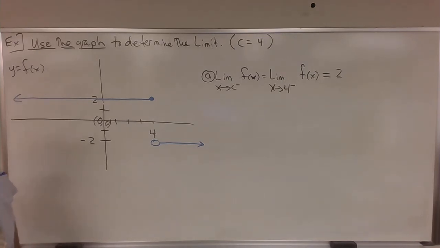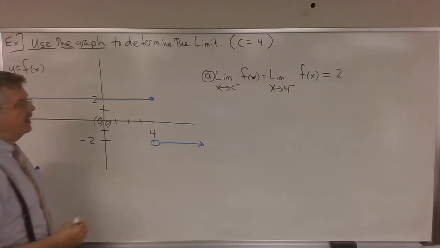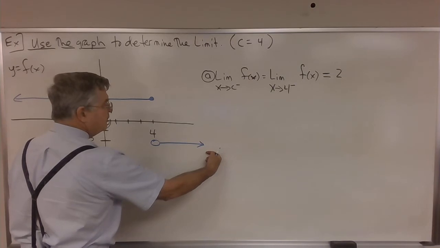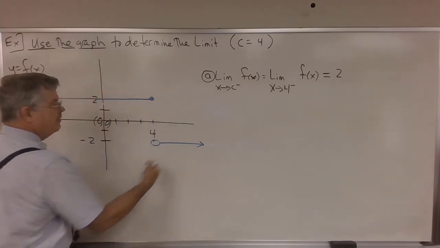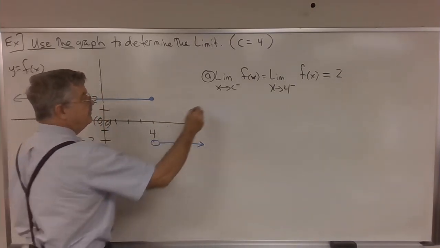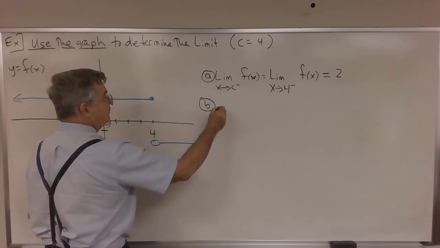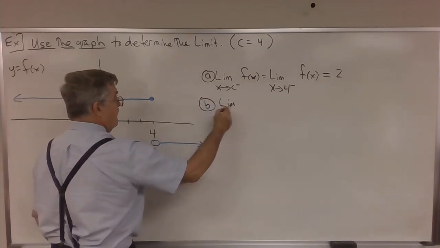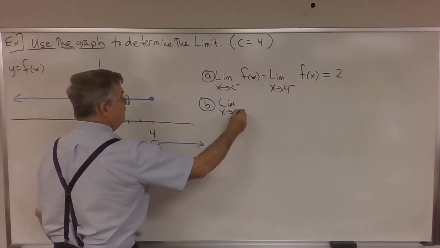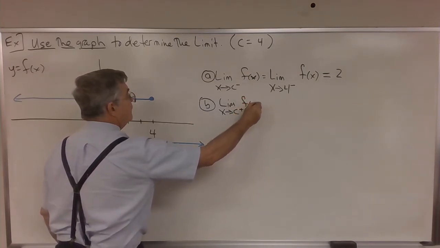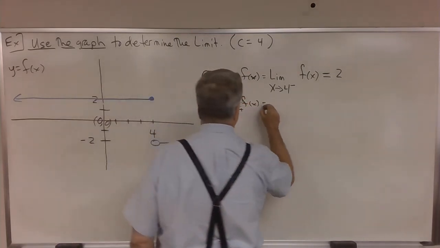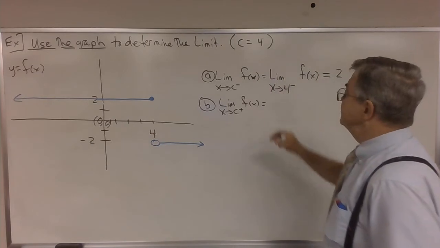Now we'll do the same thing as we move along the graph in such a way that x approaches 4 from the right. That's the second question that they ask. Limit as x approaches c from the right of f of x, and they say that c is equal to 4.